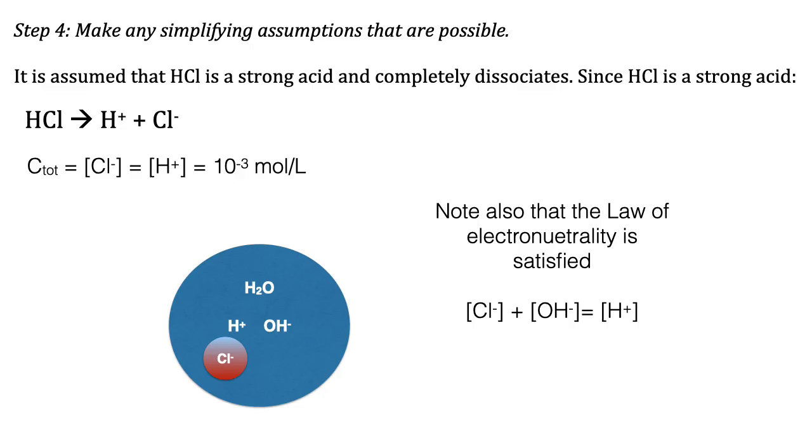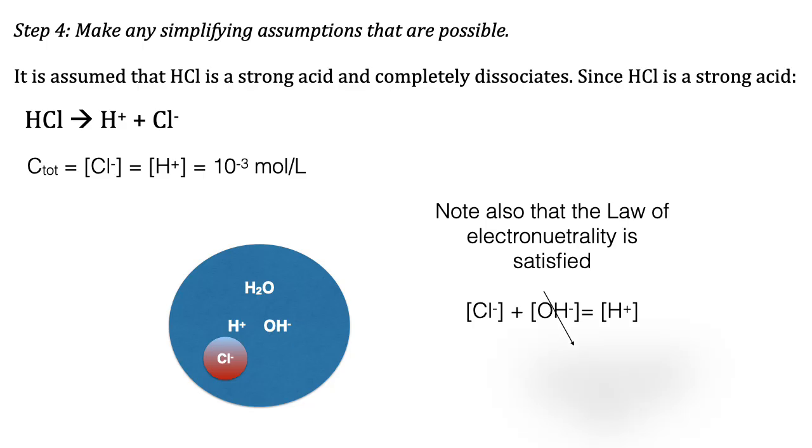We know from electroneutrality also that the sum of the negative ions has to equal the sum of the positive ions. Because we've added 10 to the minus 3 moles of chlorine and 10 to the minus 3 moles of H plus, we know that the chlorine ion concentration is going to be approximately equal to the H plus concentration because the amount of the hydroxide ion is so small.